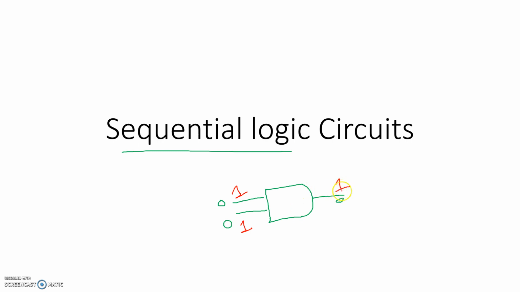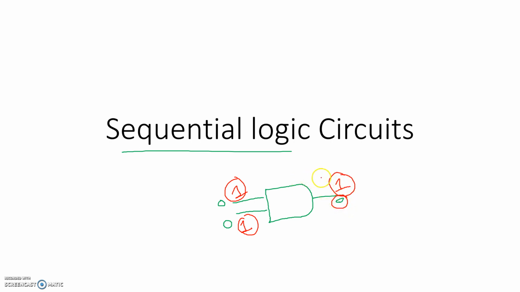So the present output, this one value, how did it come? It just depended on the present inputs, this one and this one. As both the present inputs are 1, the output is going to be 1. This is the basic AND gate, right? But it does not depend on the previous output or previous input. Previously inputs were 0, so the output was 0. The present output is not dependent on the previous output, that 0.